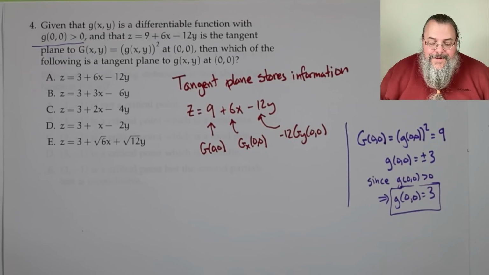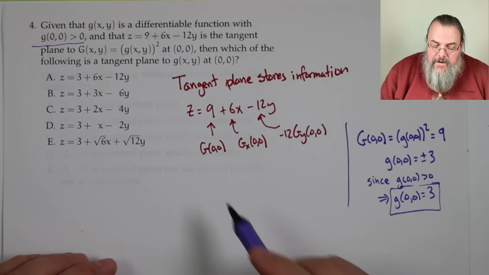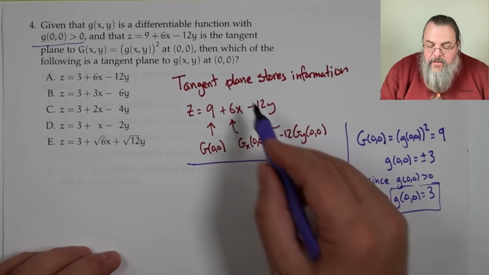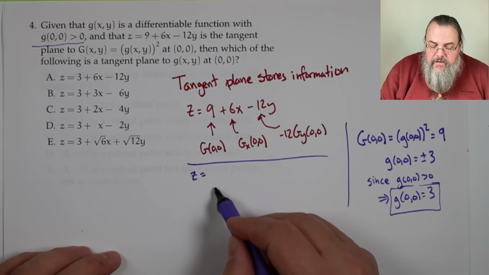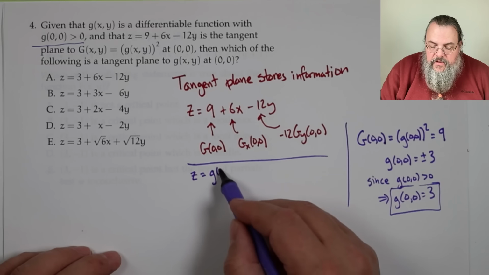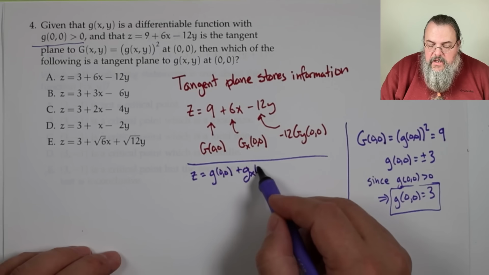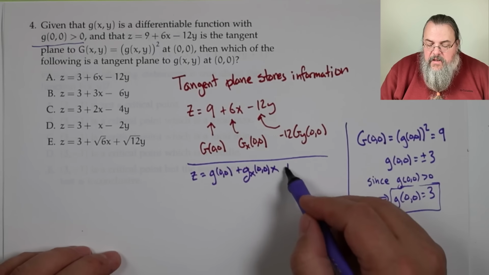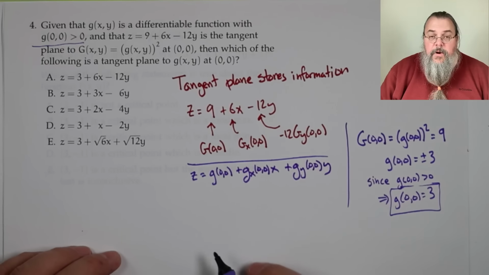Not enough, because we've got to have everything to make a tangent plane. But this is what we're given, and let's write down what we're looking for. We want to find g of 0, 0 plus little g sub x at 0, 0 times x plus g sub y at 0, 0 times y.